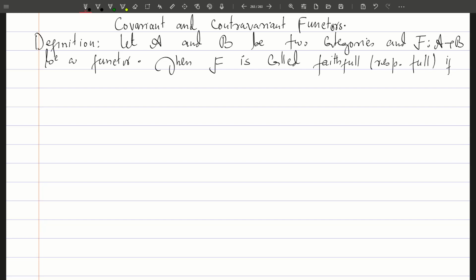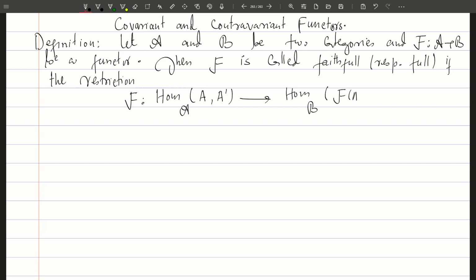if we restrict this functor to the hom sets, so we restrict this F to hom sets from A to A prime, where these are objects in the category A, to hom of FA, FA prime.